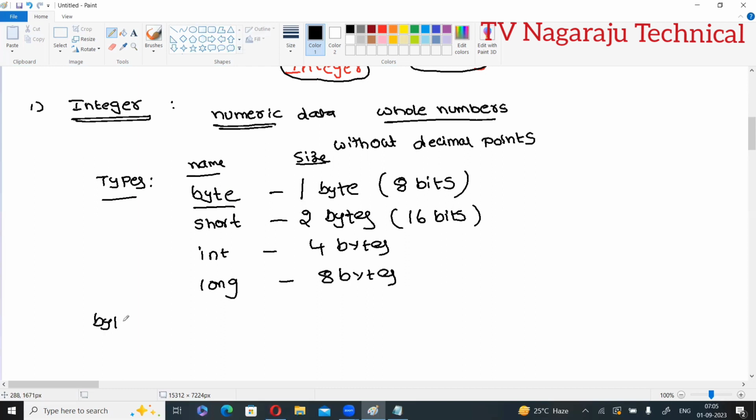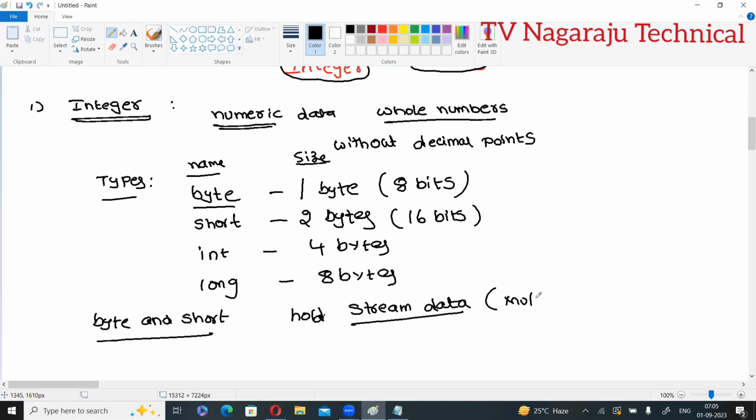Generally, byte and short, these two data types are used to hold stream data, in the sense multimedia data. And integer, generally, we are using integer in our normal programming.